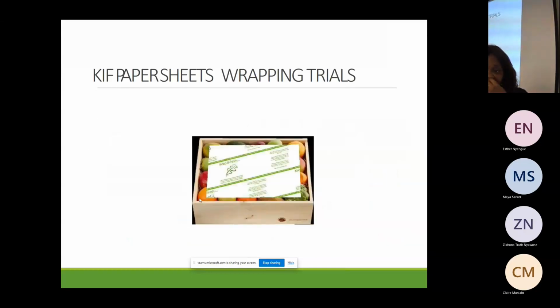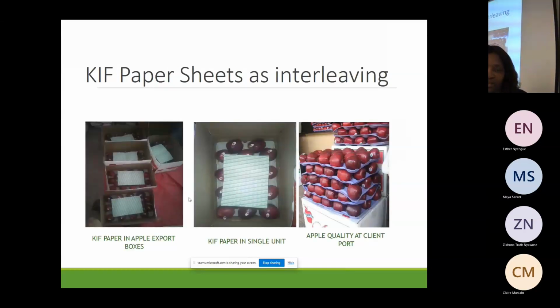And then the wrapping trails, I think some of you have actually seen something like this, especially when the crates are sitting on top of each other, they tend to have these wrapping trails on top of the food itself. If you look at them, this is how they'll probably be stacked, and then the peppers will be put in between.